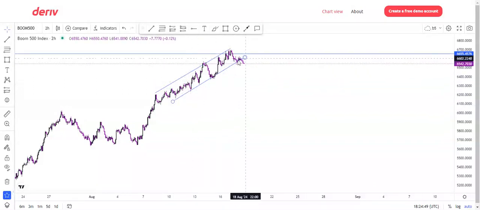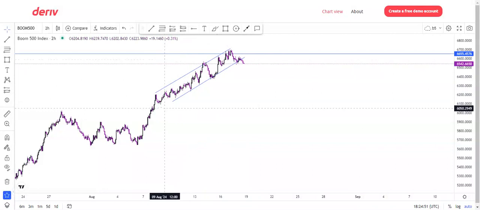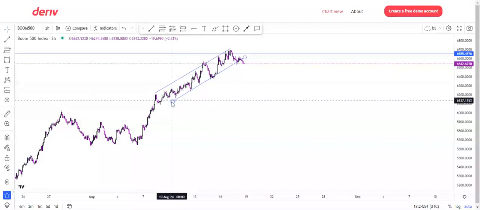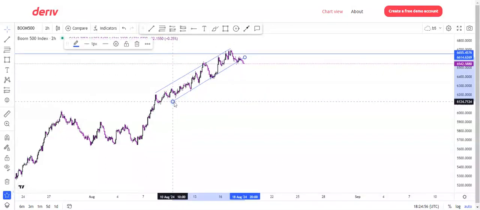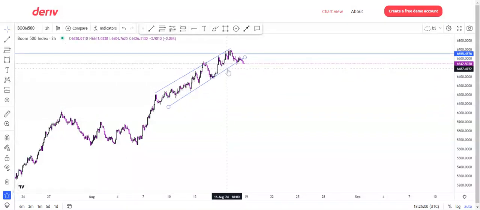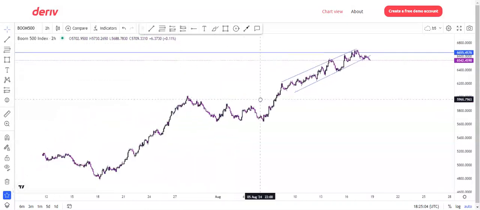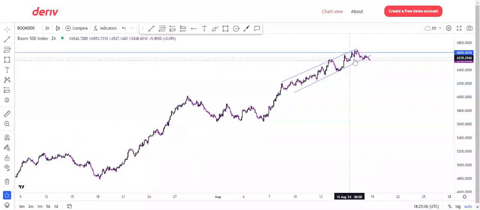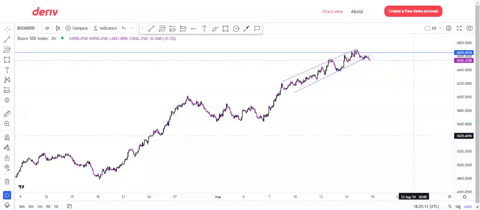And also we've broken this trend line, and we see liquidity being taken out, and that M scoop.